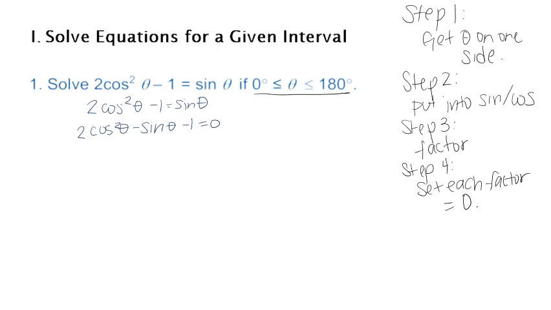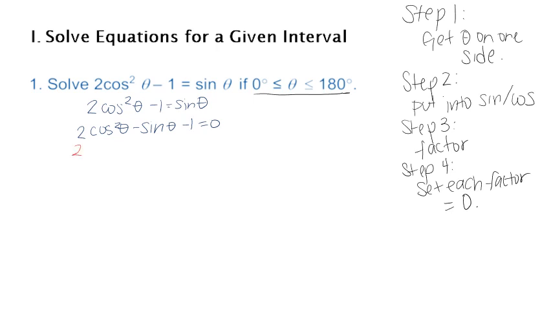Now, here's what I notice. On this left-hand side, I have both cosine and sine, so I want to change it so that it's all either cosine or sine. I don't know how to change sine into cosine, but I do know how to change cosine squared into sine. So that's what we're going to do: change cosine squared into sine.